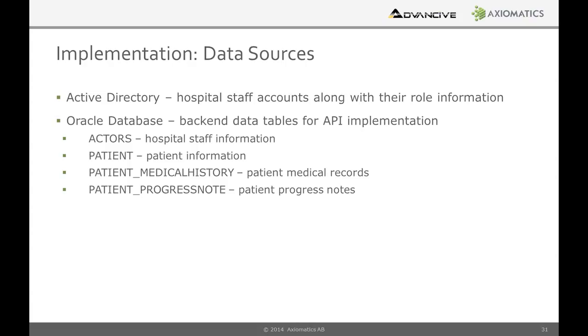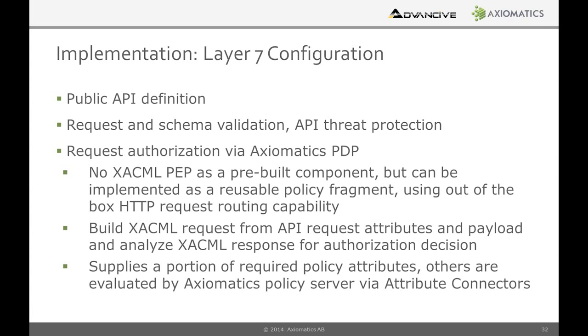Now the actual implementation on the API gateway. So first of all, we need to expose the API to our clients. And as we said, in this particular demo, we will use a Layer 7 API gateway. What Layer 7 allows us to do is define a public API that we can expose to external clients.